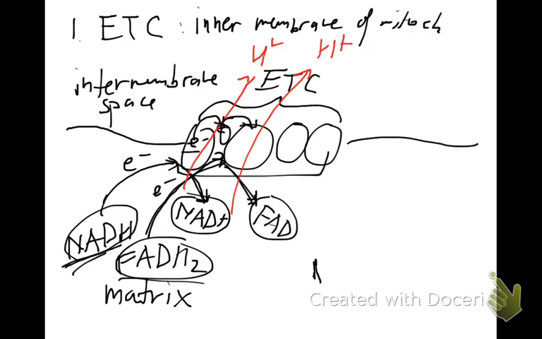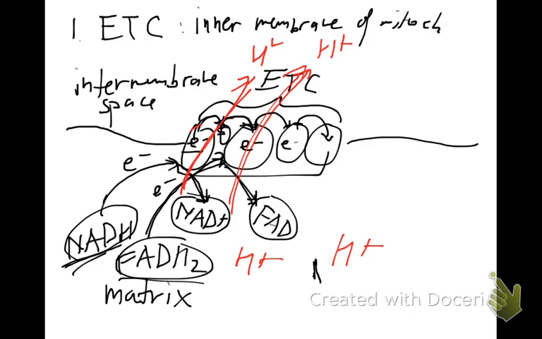As soon as they reach their destination here, they jump to the next protein, and then the next protein. As each electron moves down, the way this entire mechanism works is these proteins are meant to pump hydrogen ions from the matrix into the intermembrane space.